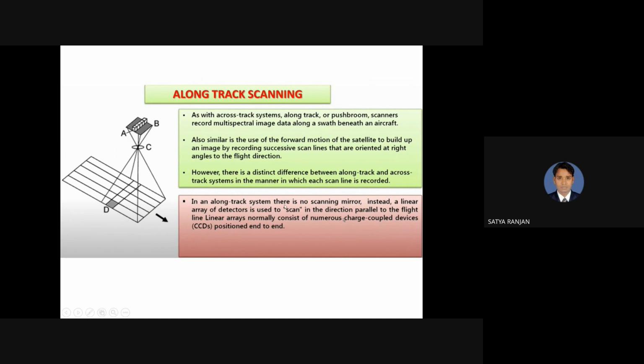In along track scanning, there is no scanning mirror. Instead, a linear array of detectors scans in the direction parallel to the flight line. The array normally consists of numerous charge coupled devices, that is CCDs, positioned end to end. So these are some scanning systems.